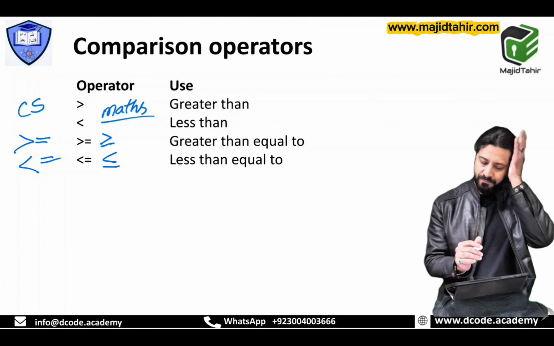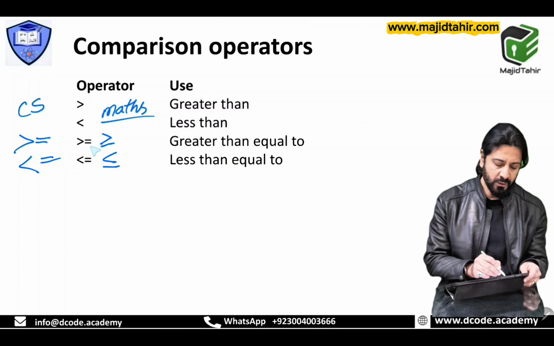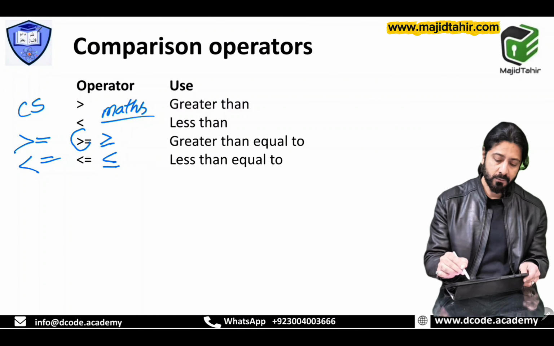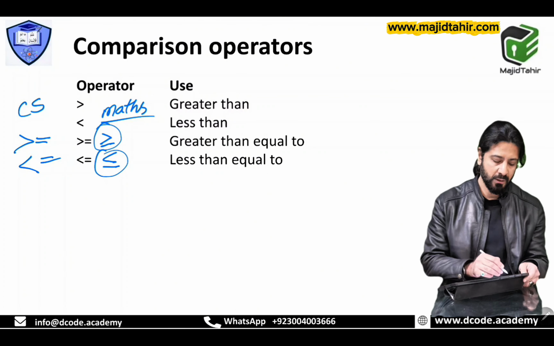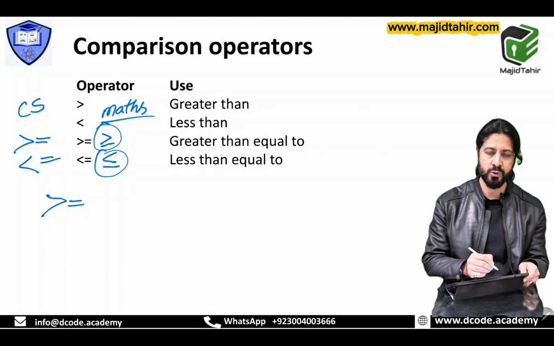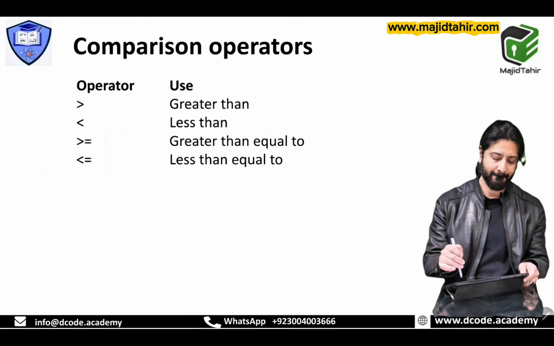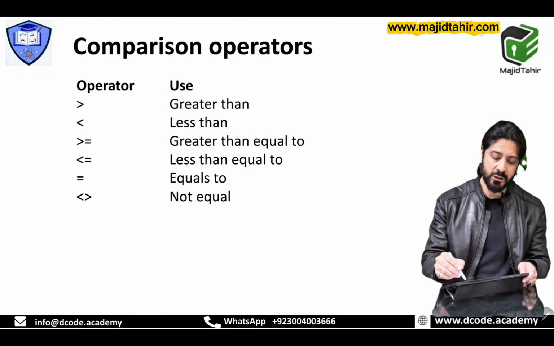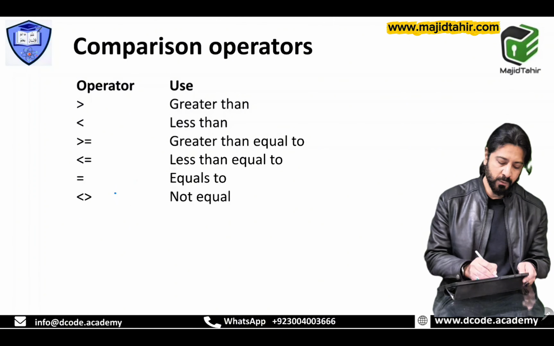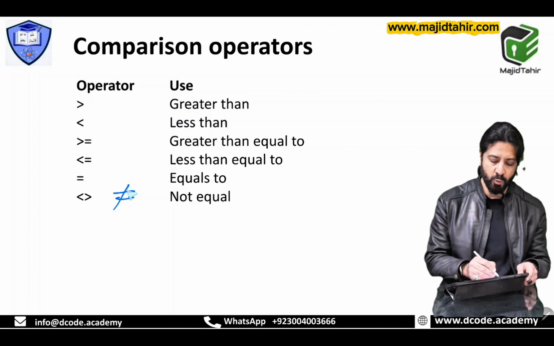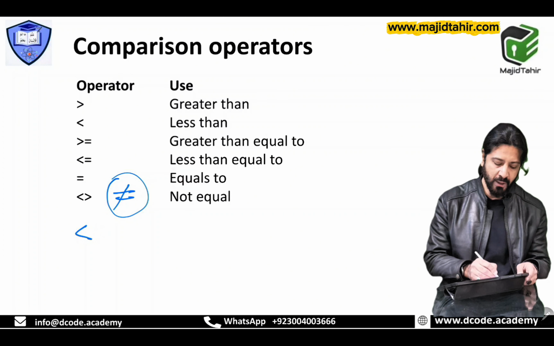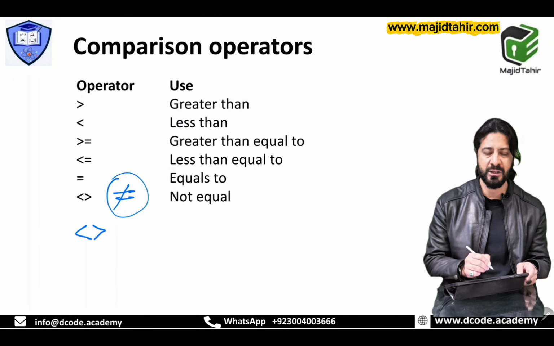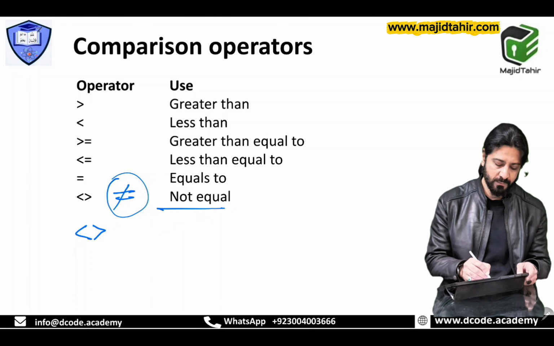Because we do not have these signs on the keyboard, we use greater than and then equal to, like this. Then equals to, the same as mathematics. And not equals to: in mathematics we have a not-equals sign, but we do not have this sign on the keyboard, so we use these two brackets together, <>, for not equals.